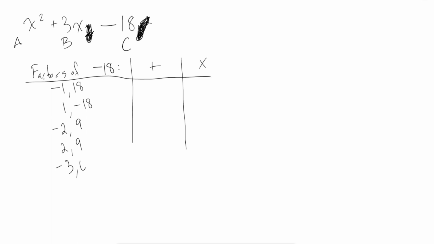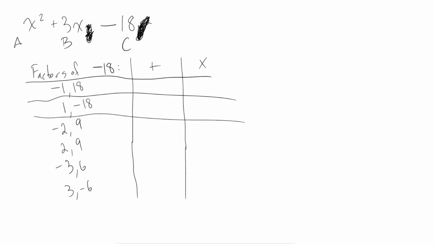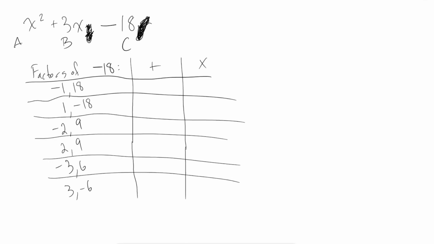Negative 3, positive 6. Positive 3, negative 6. I think that's everything. They write it a little bit differently in the textbook. Either way, if I've done it correctly, all of my options are going to multiply to be negative 18, which indeed they are.